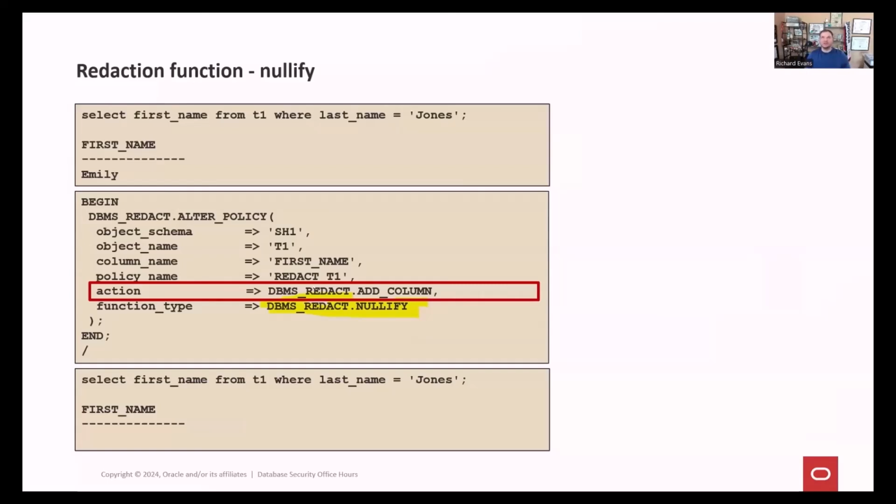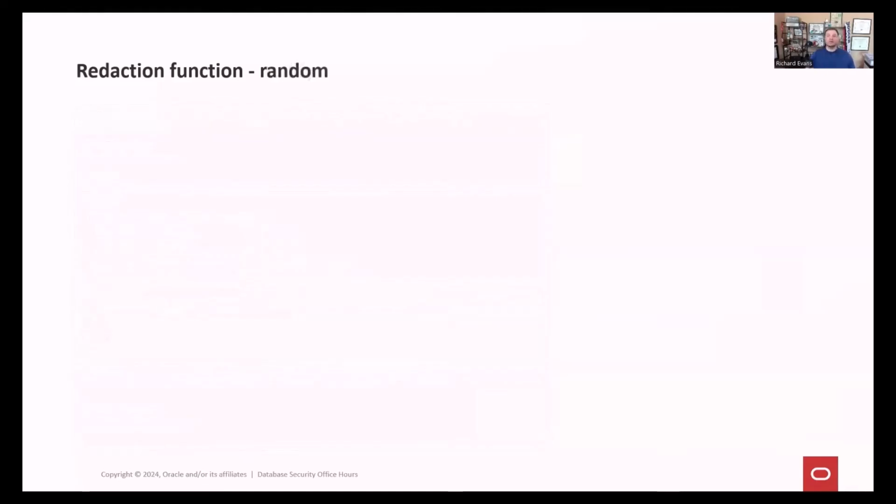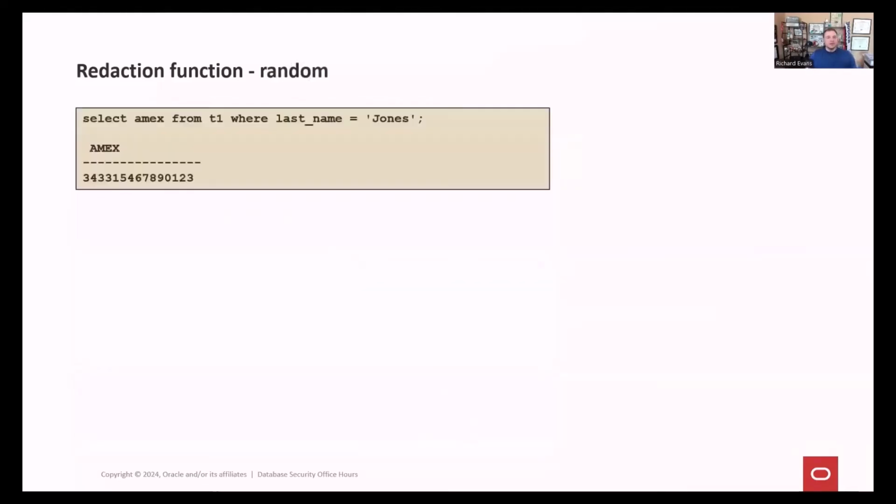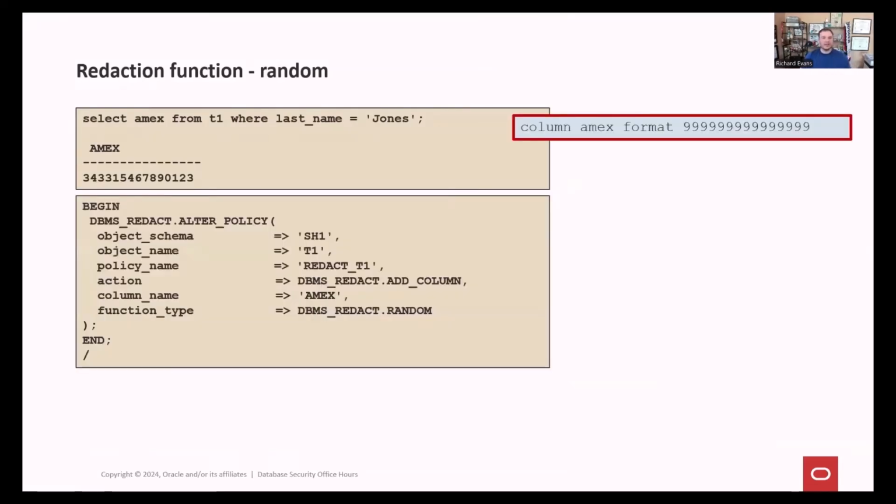You're like, well, okay, I can see some use in nullify for various situations. But what about random? Maybe I want to randomize that number instead, so we get something back. So in the example, let's randomize the Amex column, right? Same user, Jones, Amex. So we can see we've got our Amex. We've got the add column again.